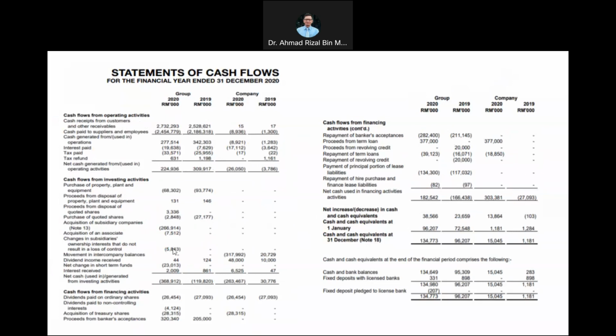And you total them up, and the net would be 38.566 million here. And you add that with the balance carried from the previous year, which is 96.207 million. So the total for the end of the year would be 134,773 here. The net final figure in the statement of cash flow should be equal to the figure in the balance sheet earlier.